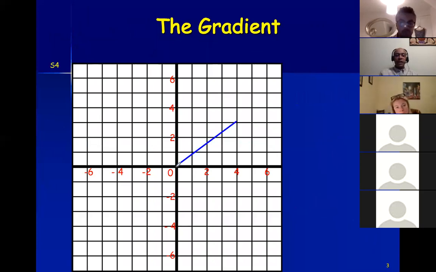So let's say we've got this line here. I've got 4 units in X and 3 units in Y, because we go from 0 to 4 on the X-axis and from 0 to 3 on the Y-axis. So for this line, you would write that the gradient is M, and you would just say it's V divided by H. So vertical, we've got 3 units.